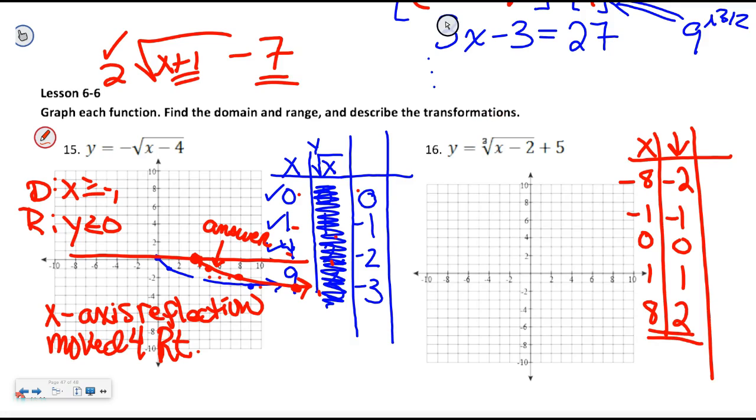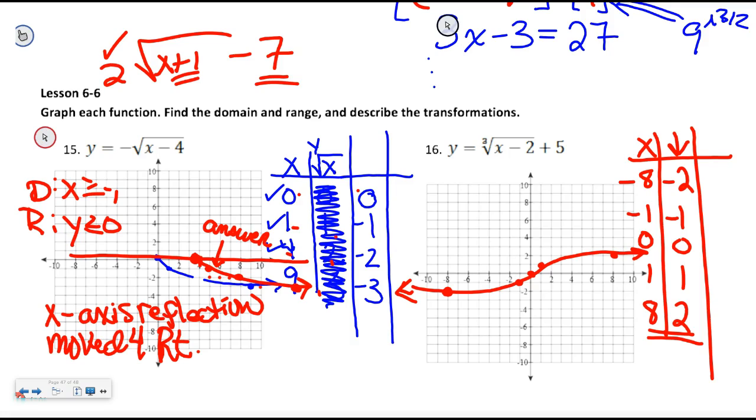I go -8, -2, -1, -1, 0, 0, 1, 1, and 8, 2. So it comes like this, does a little deal in the middle there, and goes like that. That's the cubed root. But that's just the parent function.